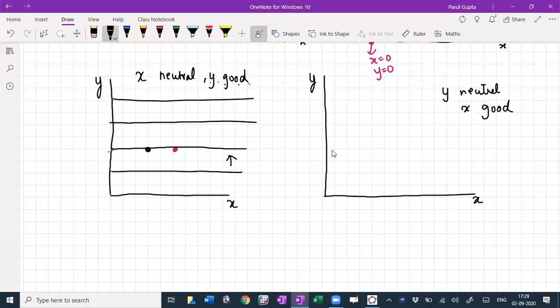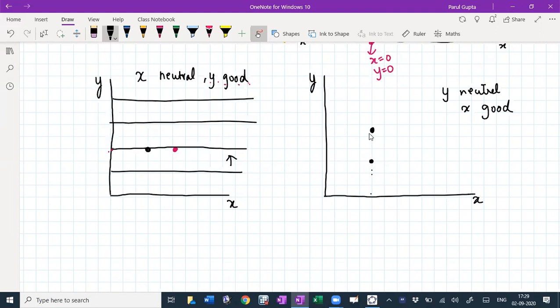Here, just by understanding the pattern, you can see that if this is the point, a point like this is going to give me exactly the same utility as this point, because now I have kept x the same, and y, the neutral good, is more over here compared to this, but the neutral good doesn't increase or decrease my happiness.